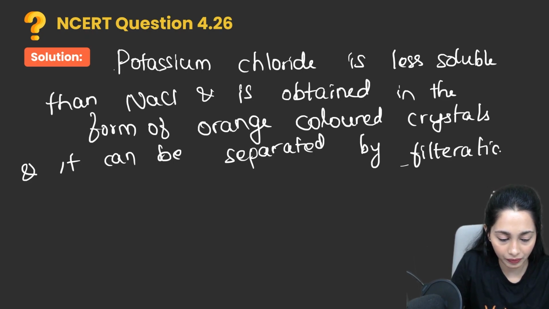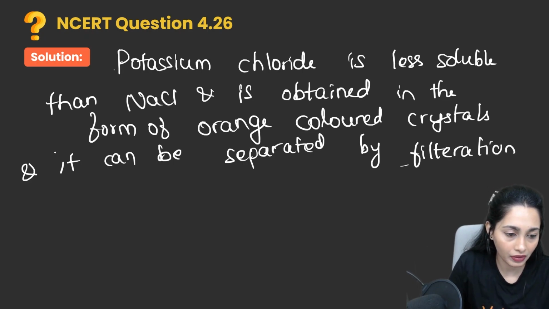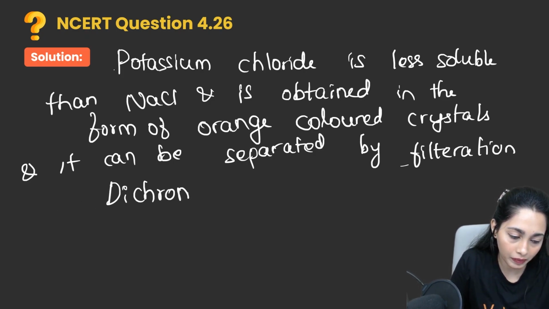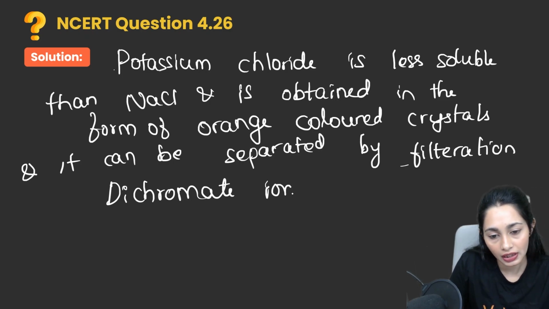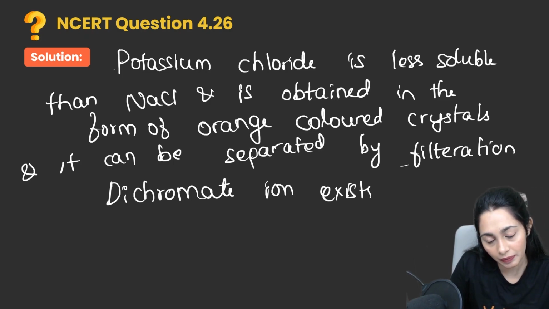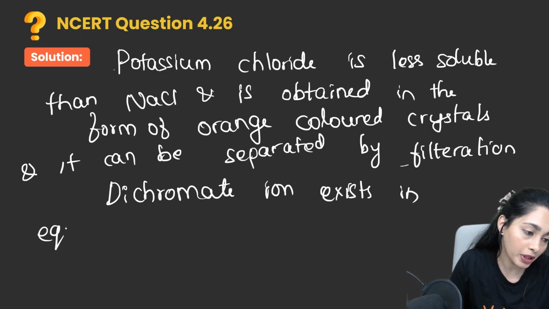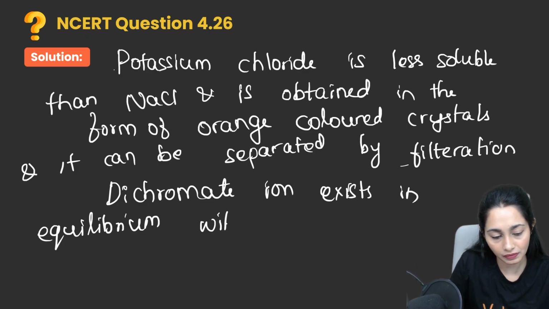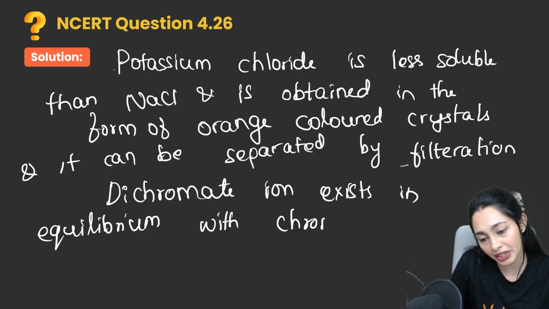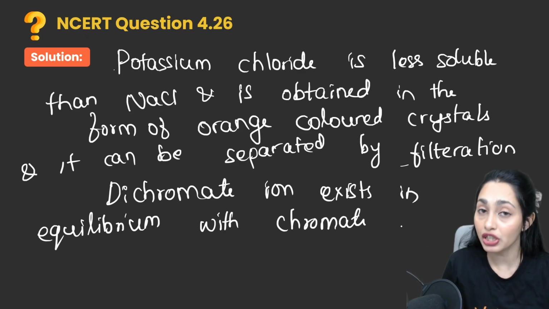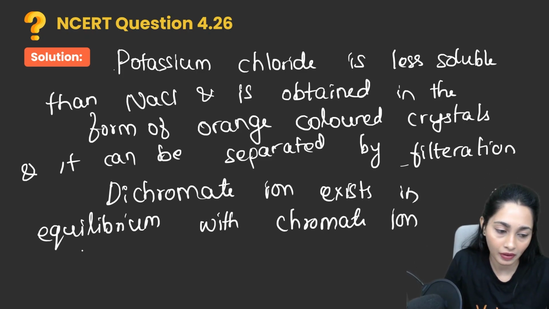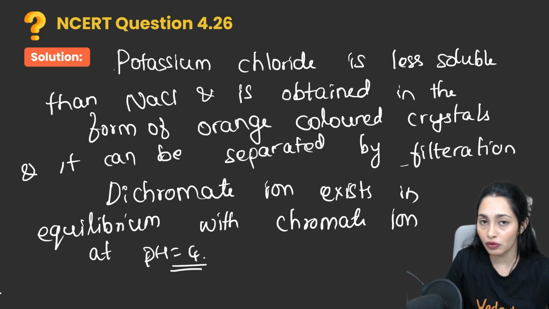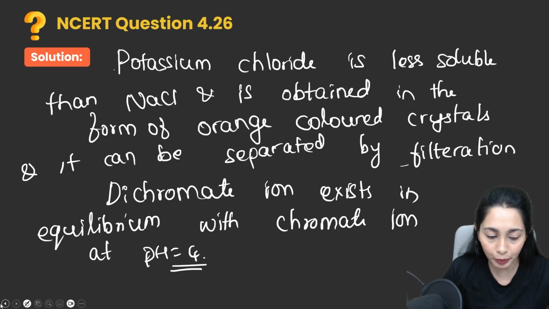And dichromate ion exists in equilibrium with chromate ion. But the pH condition needs to be maintained. At what pH? At pH equal to 4. So what is pH 4? It is slightly acidic pH.